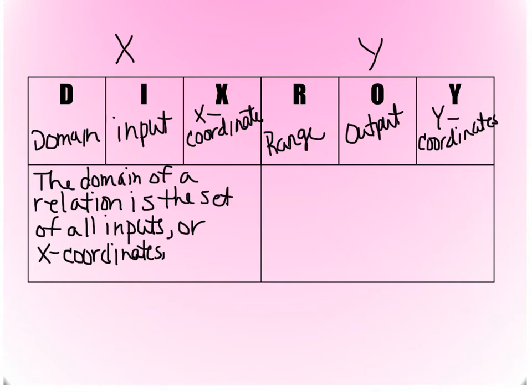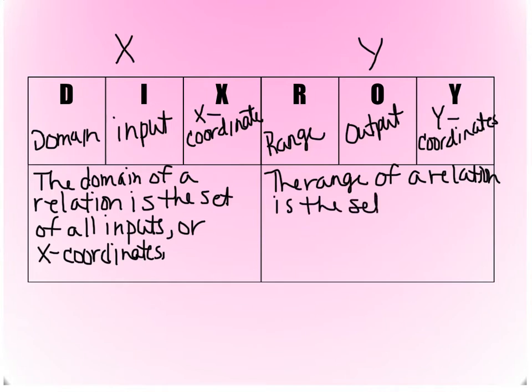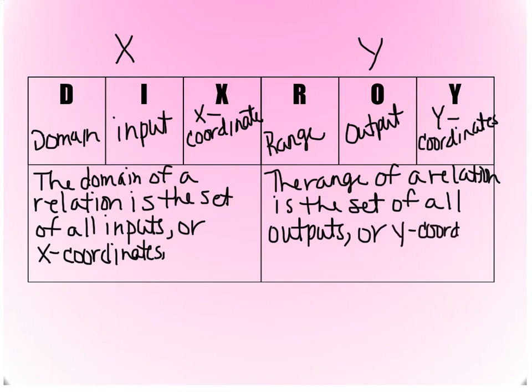So the definition is: the range of a relation is the set of all outputs, or in other words, Y coordinates.